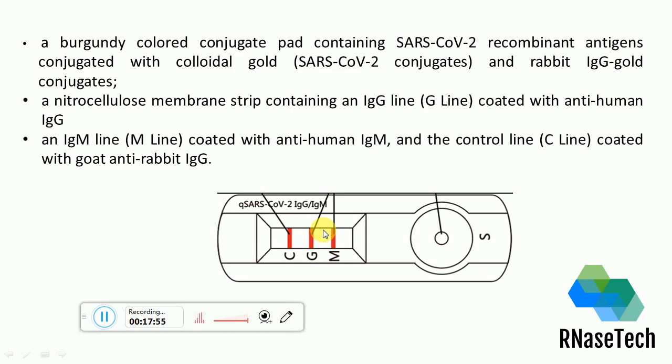So some persons will get a result with burgundy color in C and in G, some with burgundy color in C and in M, and some with burgundy color in C, G, and M. This is the rapid action kit principle which is being utilized nowadays. The company Calcex has developed this apparatus. It is FDA approved.